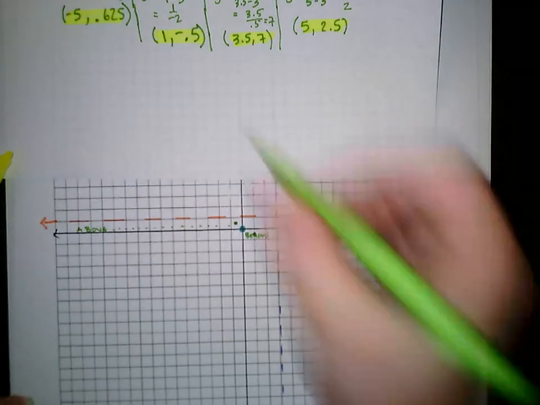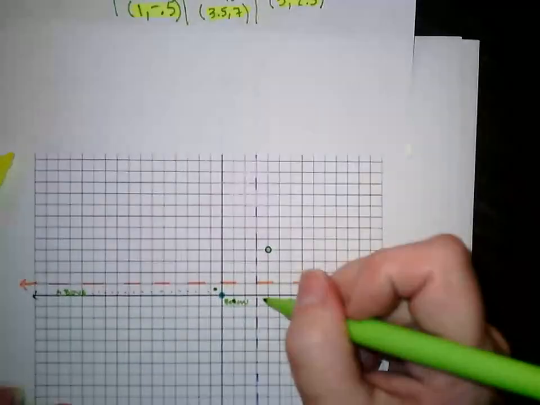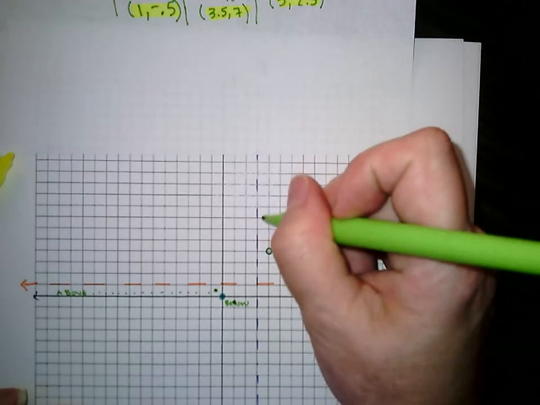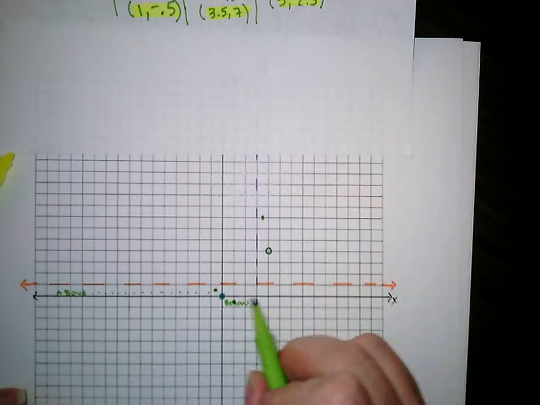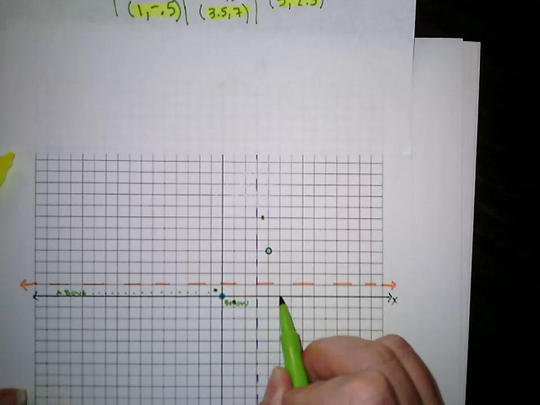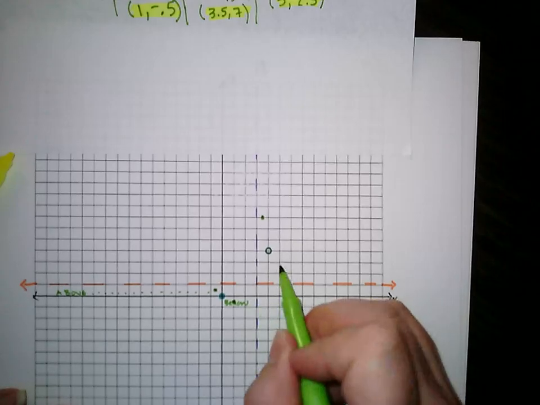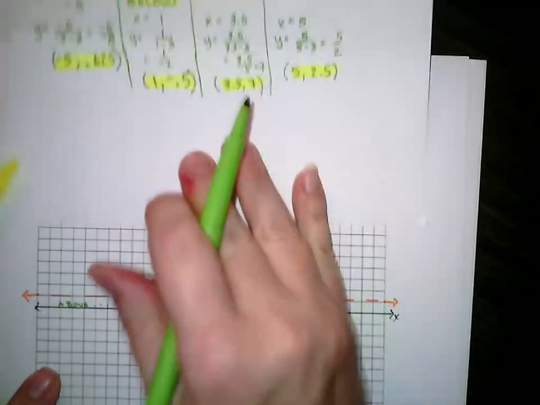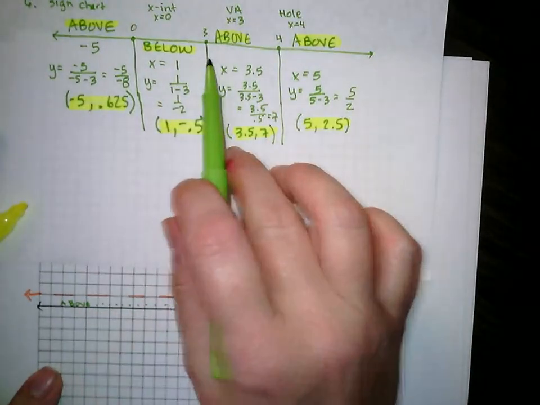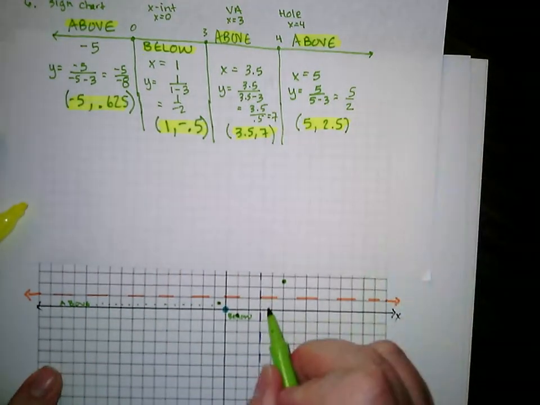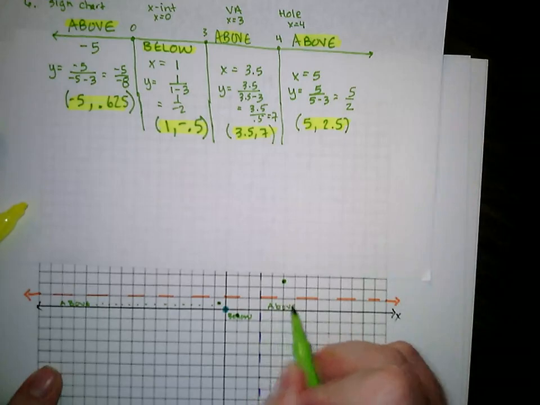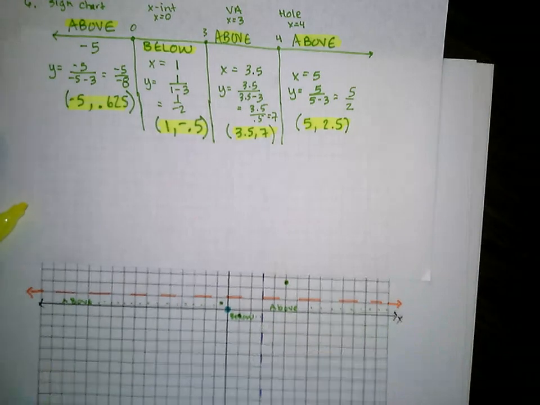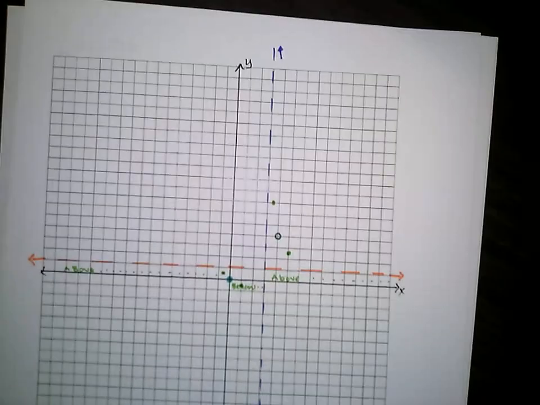What do we have? 3.5, 7, 1, 2, 3, 4, 5, 6, 7. And then 5, 2.5. Then I know that my graph is above all the way from 3 to infinity. So we are above forever after that. Let's see what we can do to make this graph happen.